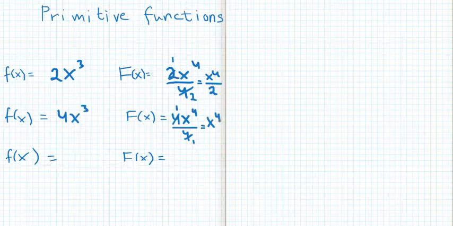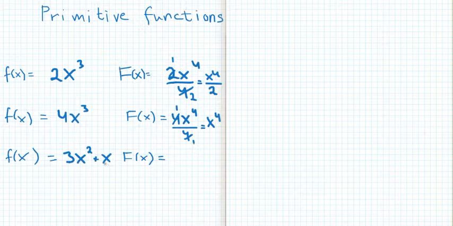Let's do one more. If we have these types of functions, 3x squared plus x, we just apply the same rule to first this term, 3x squared, and then the same thing for this term, x.